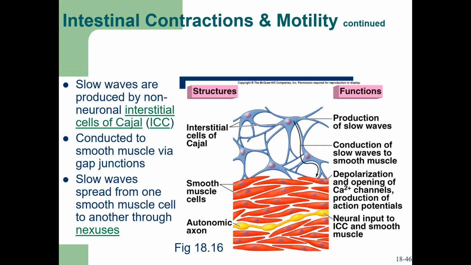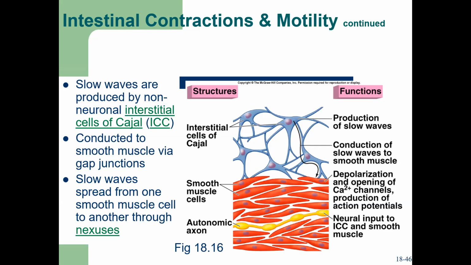Slow wave potentials will cause relatively weak depolarizations. They don't reach the threshold potential needed to cause peristaltic contractions, but they are strong enough to cause the tonic contraction, which will maintain the tone of the gastrointestinal tract.